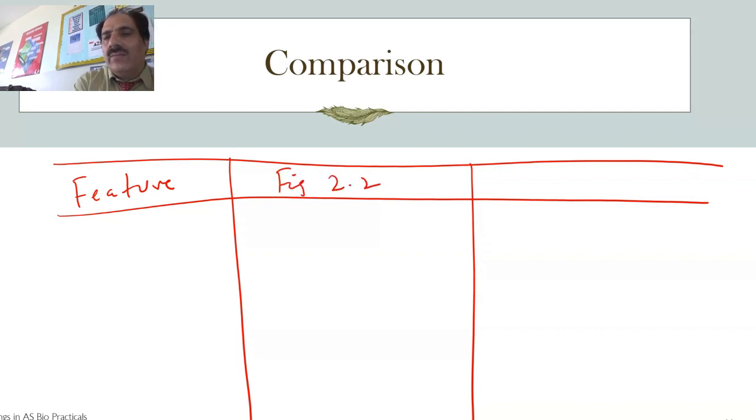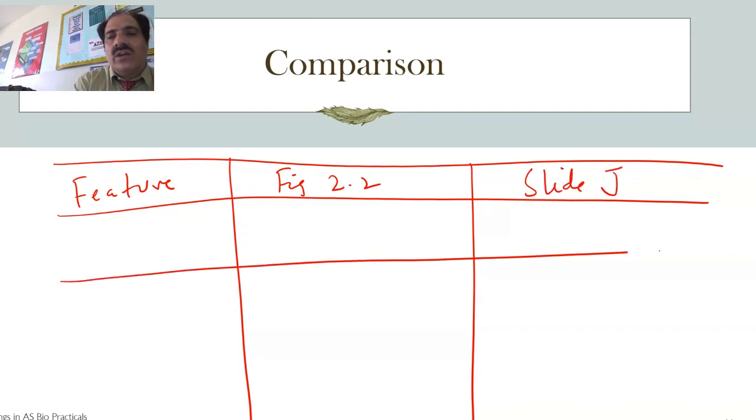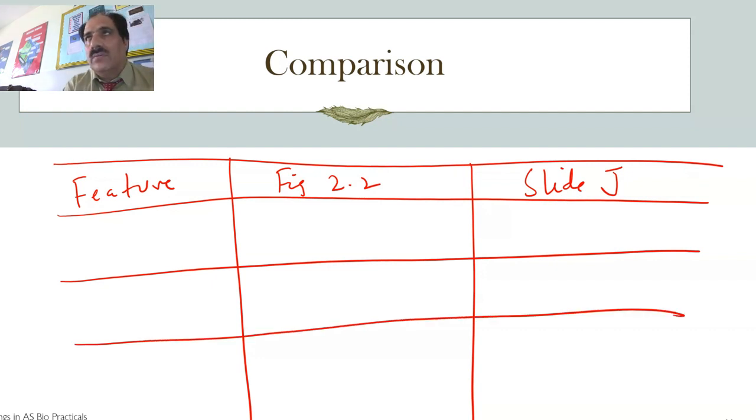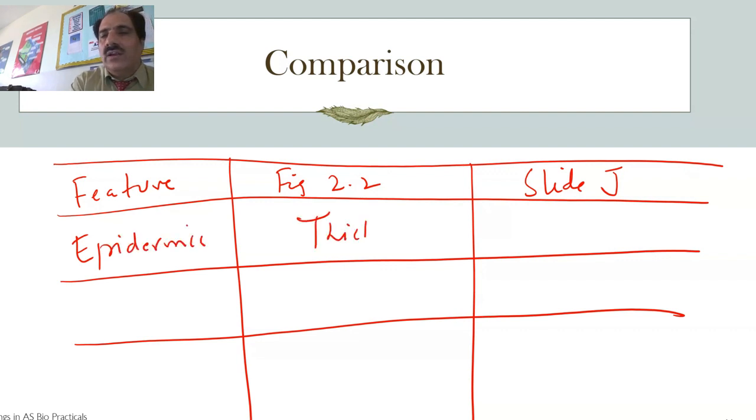And then the slides we have in the microscope, slide J, slide K, whatever they call it. We never use sentences to write the features or the differences between the two. We always use adjectives to mark the differences. For example, thickness of epidermis: in figure 2.2 it is thicker and here it is thinner.